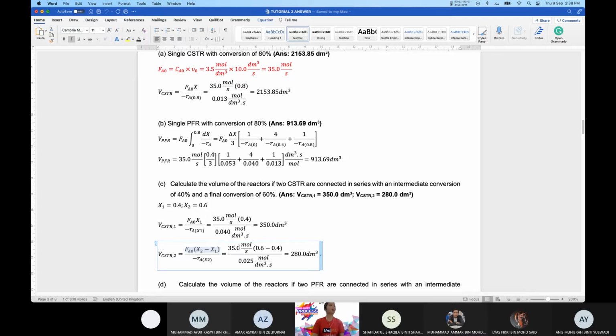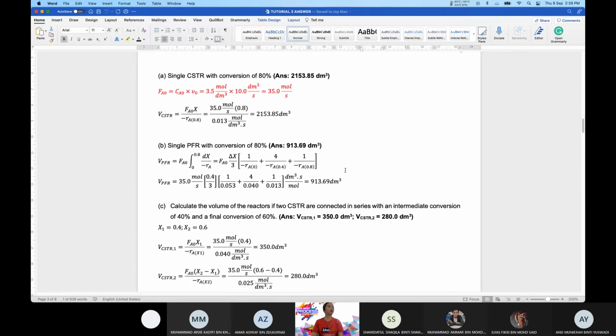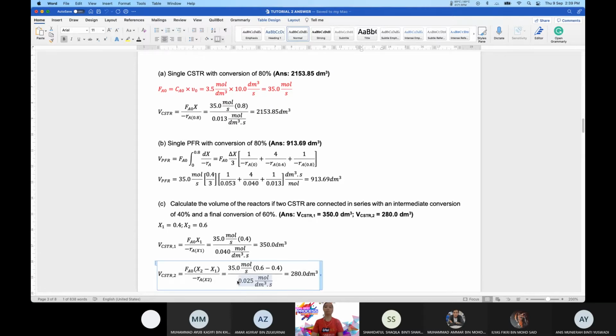So FA0, kita still the same FA0. X2 0.6, X1 0.4 divided by minus RA when my X 0.6. So tengok je table, bila X 0.6 minus RA 0.025. So you replace with 0.025, you calculate, you will get the volume 280.